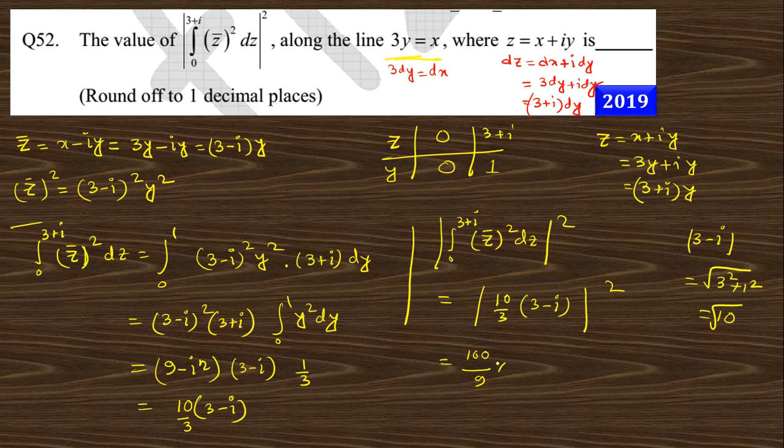So the square of root 10 is 10. So this is 1000 by 9. We divide this, it is 111.11 and so on. Our answer will be written to the first decimal place. So the answer will be 111.1. This is our answer.